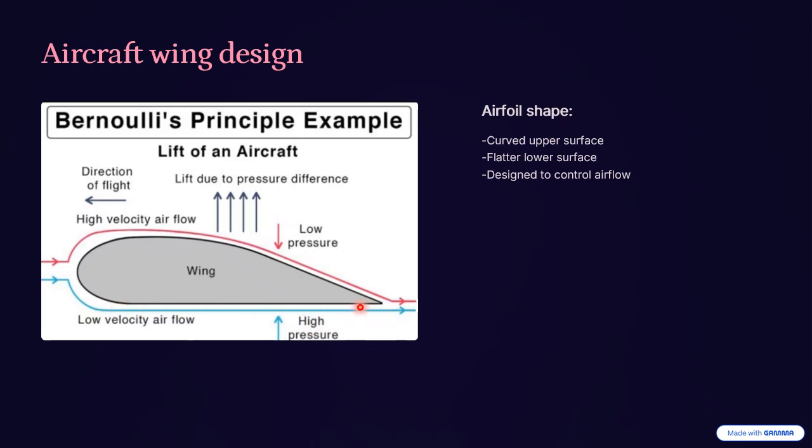Why is this? When the aircraft moves forward, the air splits from the edge of the wing. The air traveling over the curved upper surface has to move faster as compared to the air below the wing. And this difference in airflow speed becomes the key reason for lift generation.